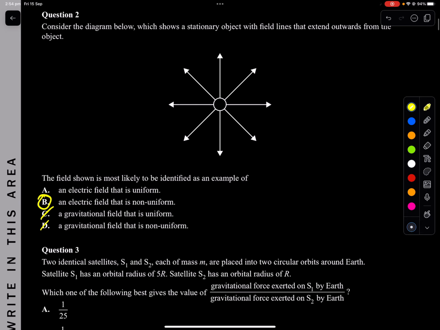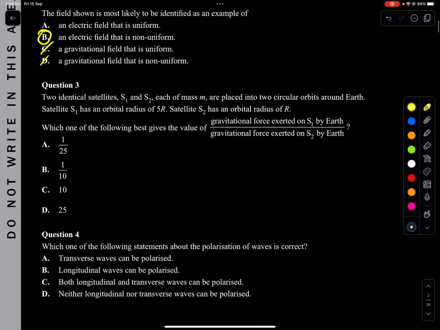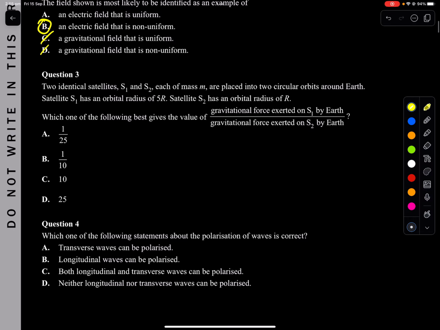Perfect. Two identical satellites, S1 and S2, each of mass m, are placed into two circular orbits around the Earth. Satellite S1 has an orbital radius of 5r. Satellite S2 has an orbital radius of r. Which of the following best gives the gravitational force exerted on S1 by Earth divided by the gravitational force exerted on S2 by Earth?